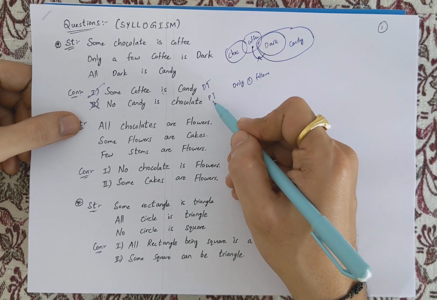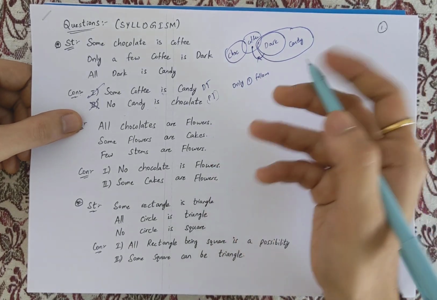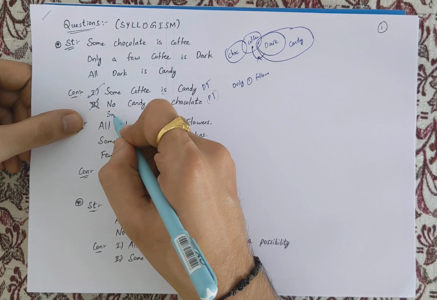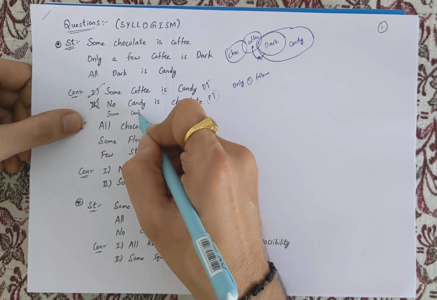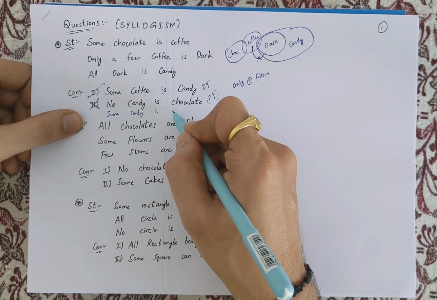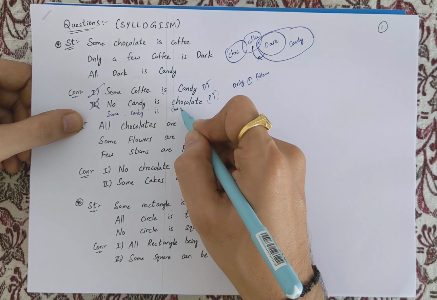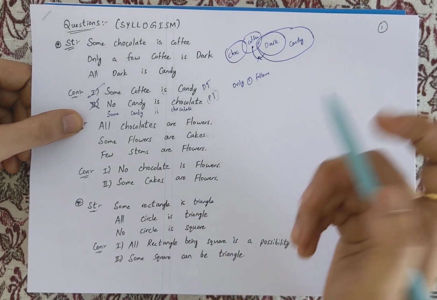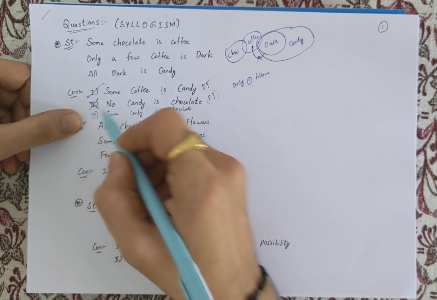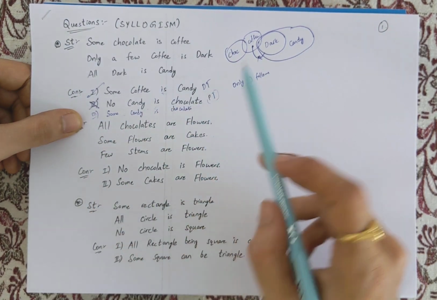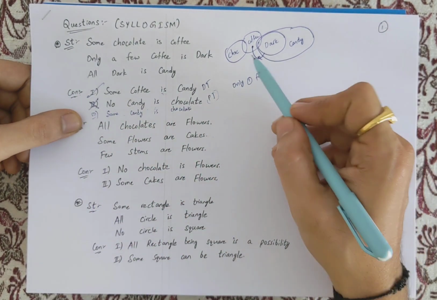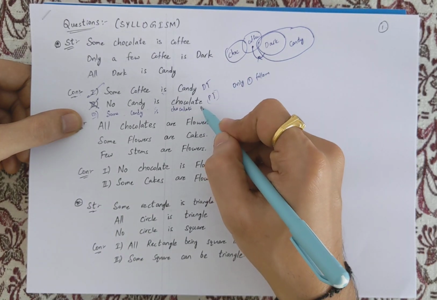See, why had I written this as possibly true? For suppose there is another statement saying some candy is chocolate, or some chocolate is candy, so it is also possibly true.